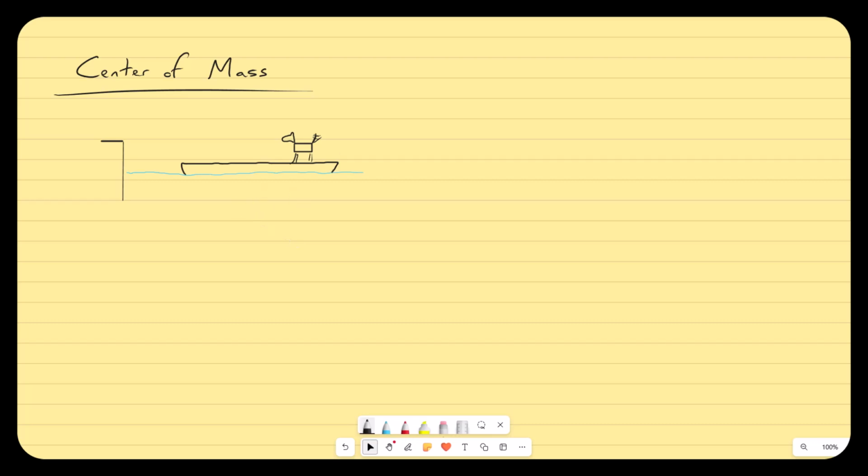I need some measurements. So let's give this dog a mass of 5 kilograms, kind of a little guy. And we're going to give the mass of the boat to be 20 kilograms. Pretty light boat. We're going to say this is, let's call that 2 meters.